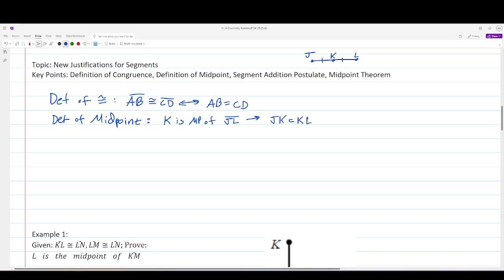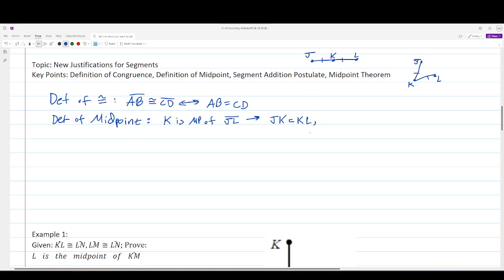So definition of midpoint tells us that that is equal in length, not necessarily congruent, although they are the same according to the definition we just did. Now, this isn't quite a biconditional as written, because I could draw it a different way with J over here, K here, and L here, where these are congruent, but K is not the midpoint of JL.